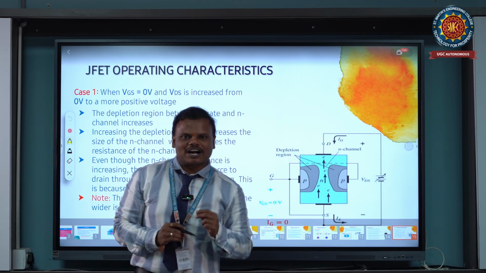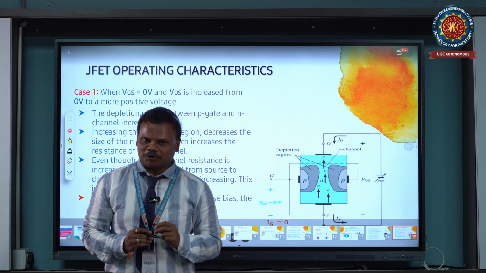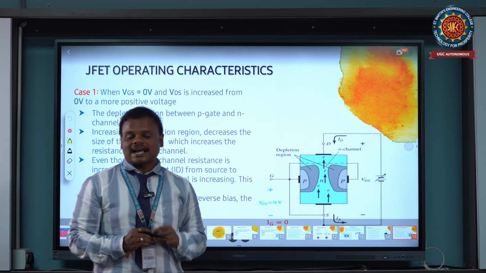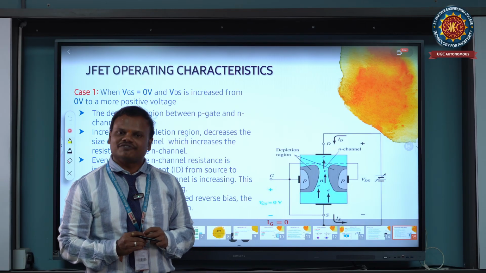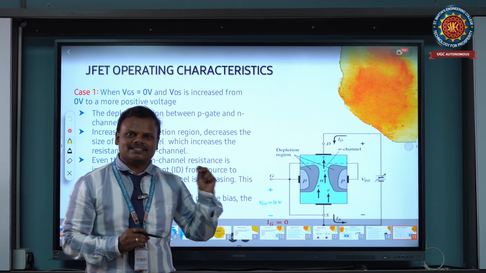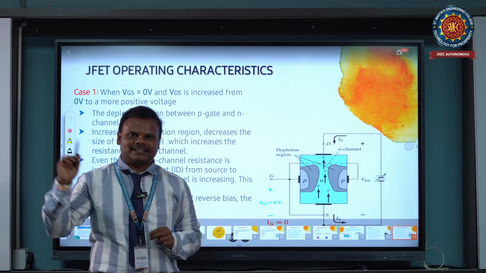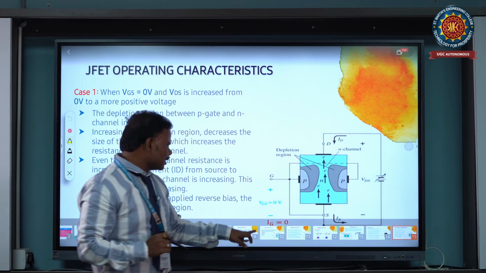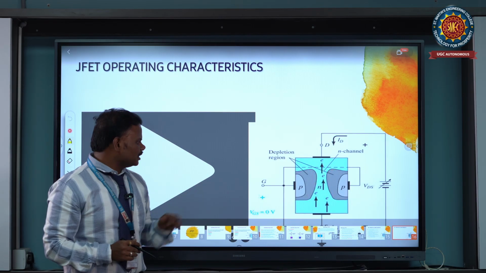In this case, I maintained the VGS value, that is the input voltage, as 0, whereas I applied the voltage between the drain and source, which is the VDS voltage. Initially I consider 0 volts, and from that I increase the voltage to a particular value, and it will give a curve like this.